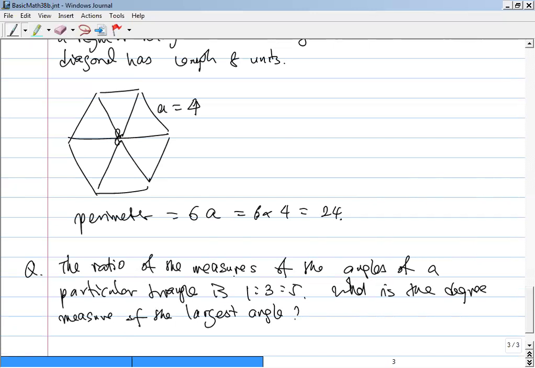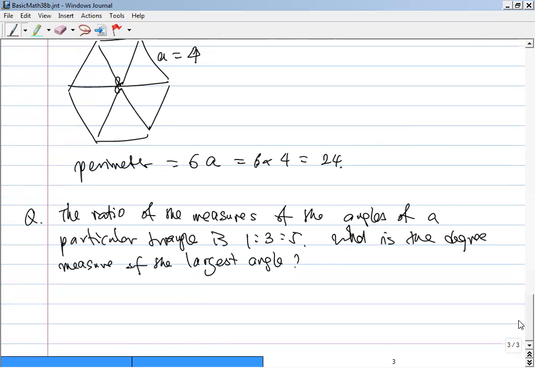Okay, this is just a proportional problem, but use one formula from triangles. The ratio of the angles is 1 to 3 to 5.